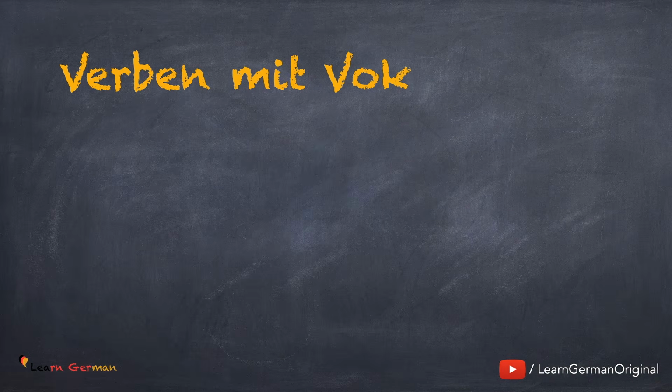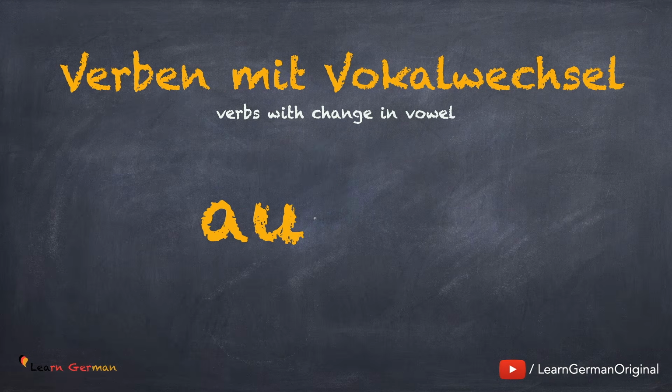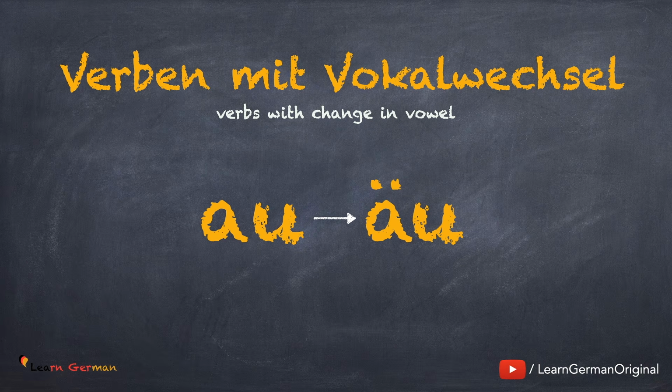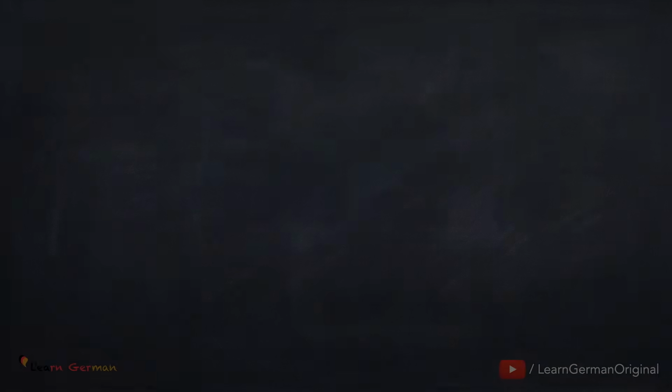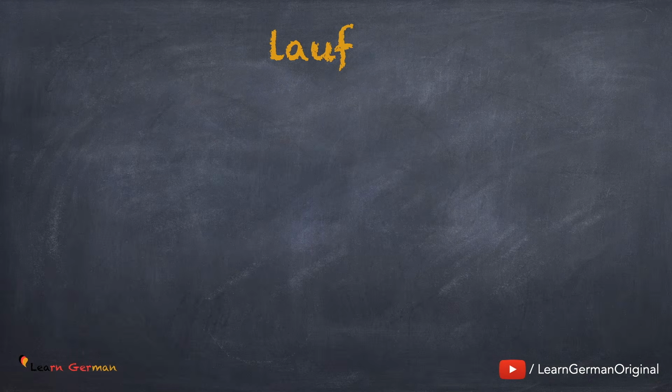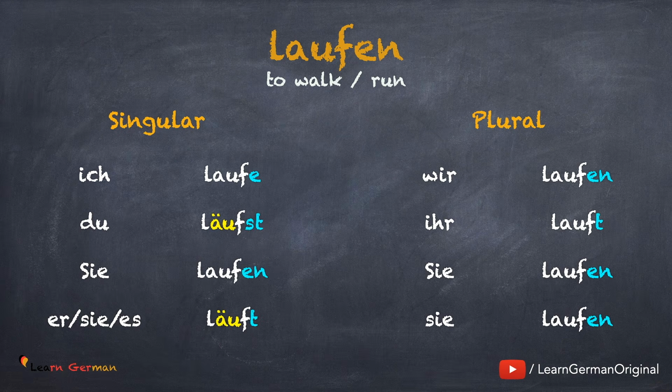Now we come to Verben mit Vokalwechsel AU in ÄU. The verb here is laufen. Ich laufe. Du läufst. Sie laufen.